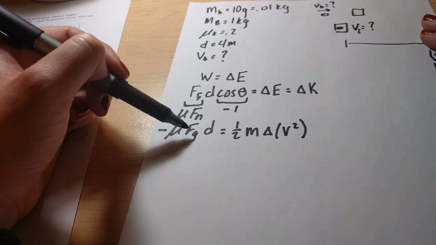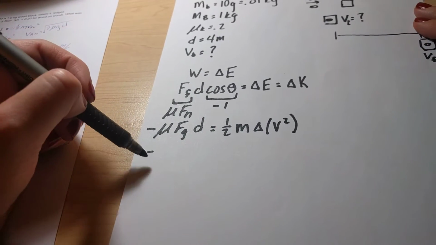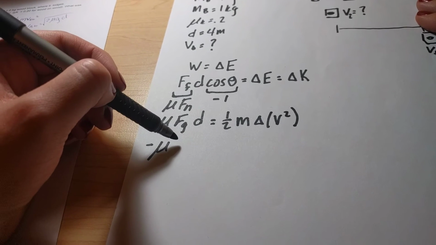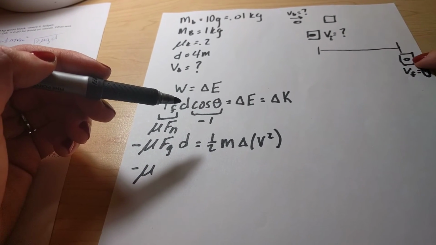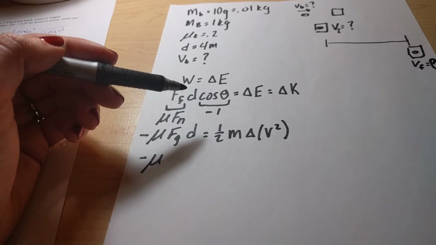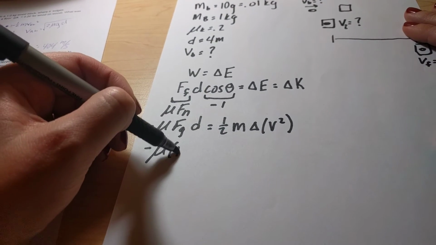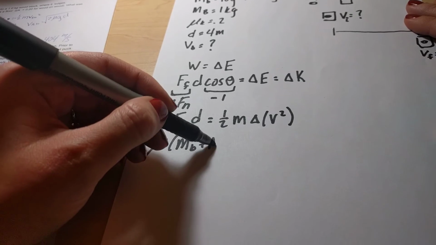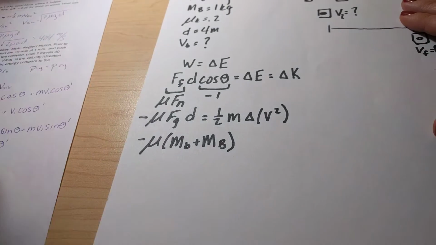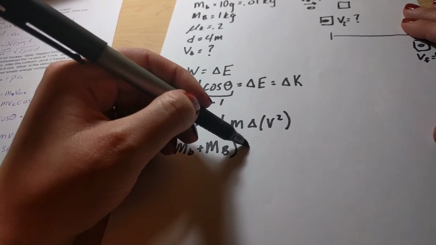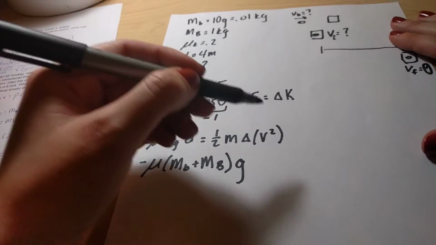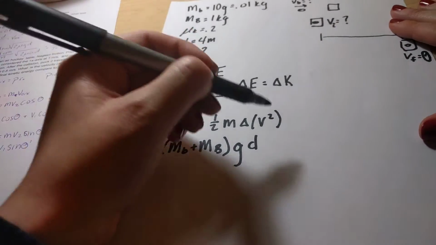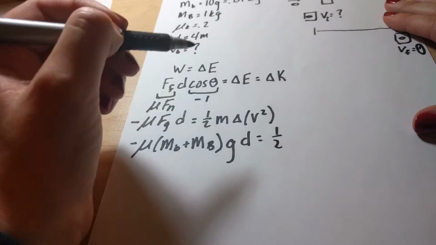The force of gravity we said was equal to the weight, so that's negative mu times, now be careful here, the mass is the mass of the block plus bullet. So it's going to be mass of bullet plus mass of block, times g, because we know the force due to gravity is m times g, multiplied by the distance we travel, equals 1/2 m.